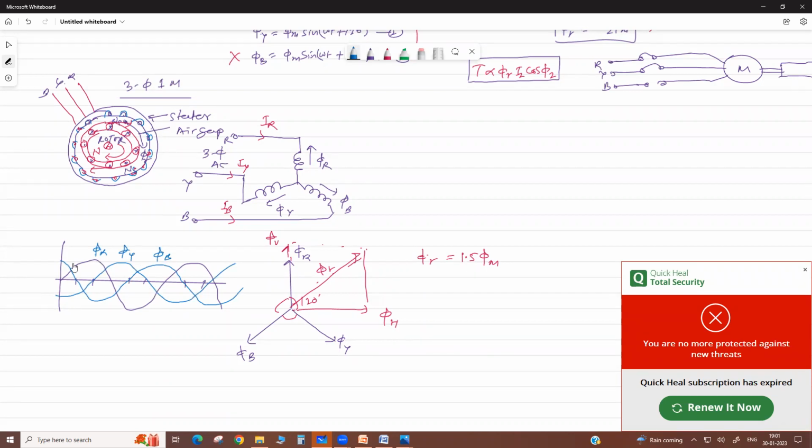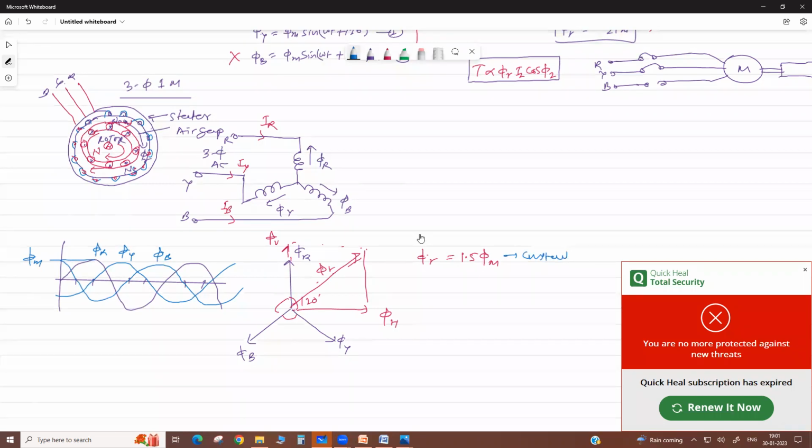So it gives a constant value, which rotates and appears in the air gap.